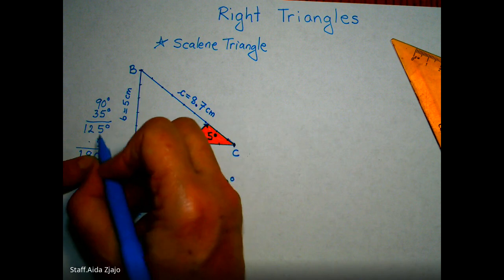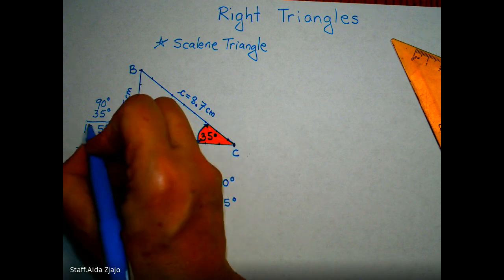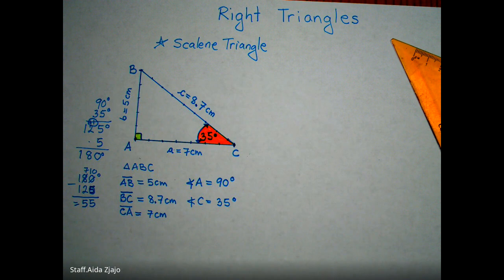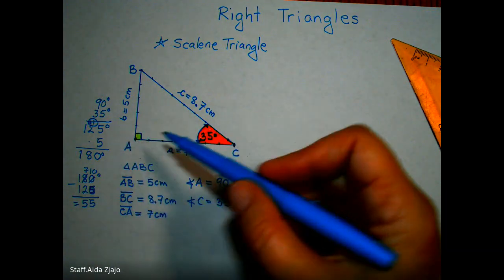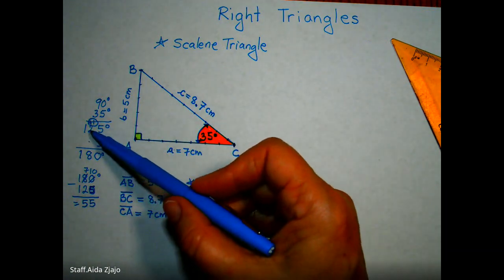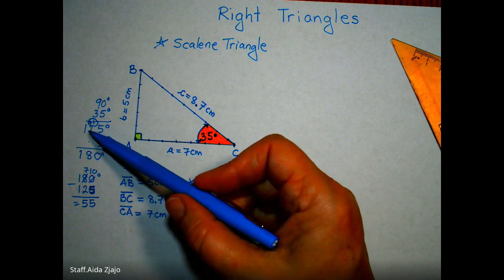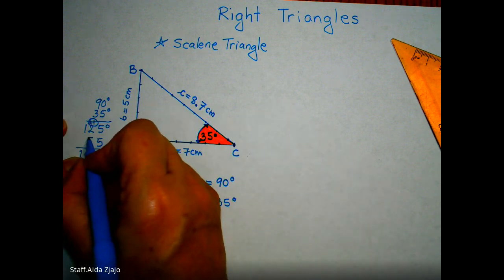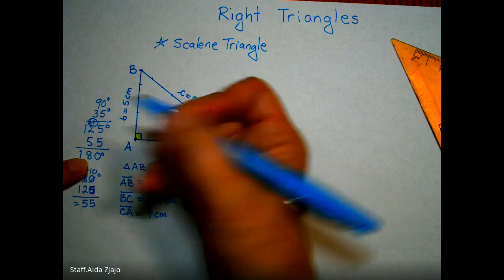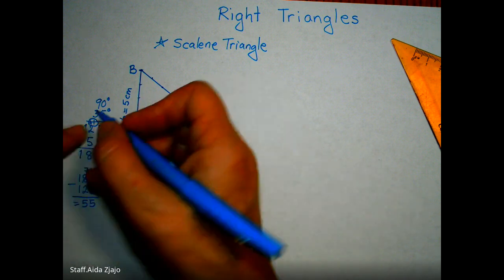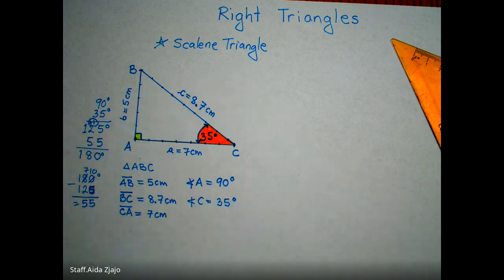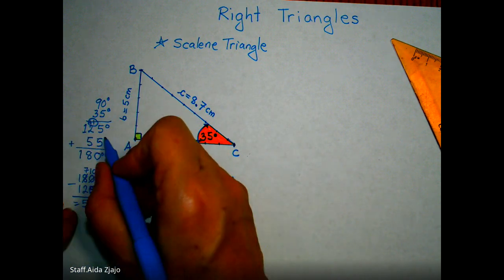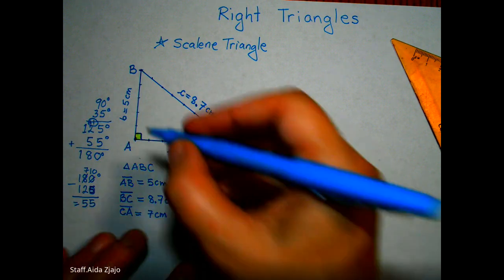So 5 plus 5 is 10, 0, I remember 1. And then 1 and 2 makes 3, and 3 and what makes 8? So 3 and 5 is going to get you 8, and 100 plus 1. Nothing is 100. So we find out that it is actually 55 degrees, and now we are 100% sure.